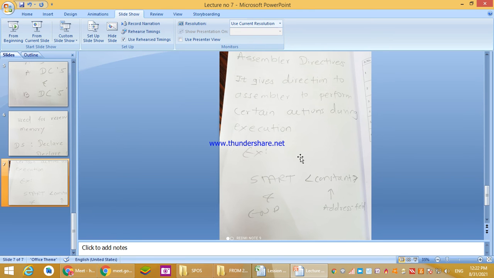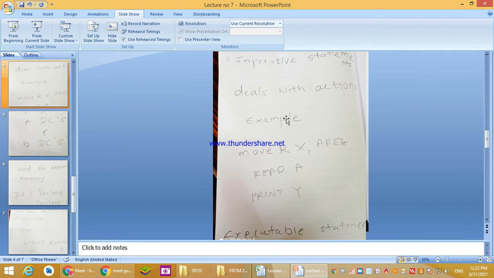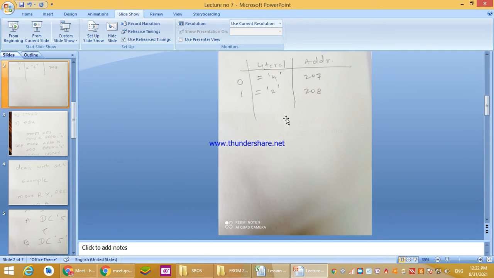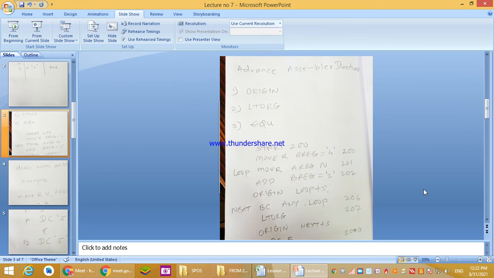Okay, then next I am going to repeat the things again. 3 directives are there: imperative statements, then declaration statements, and third assembler directives.